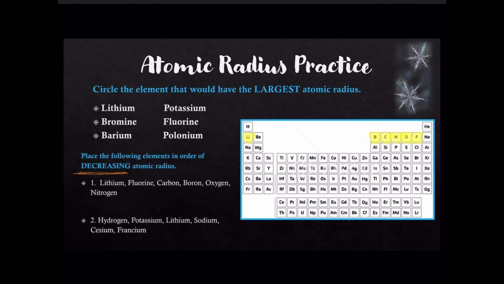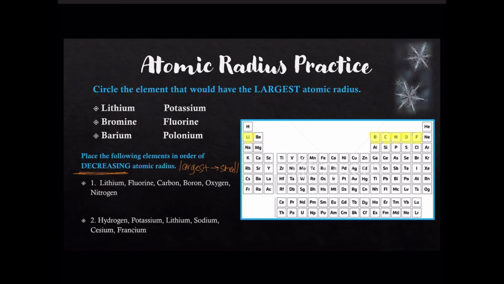Well, decreasing means we start with the largest radius and we go to the smallest. So largest will be listed first, and then smallest will be listed last. So let's look for the largest element on this list.